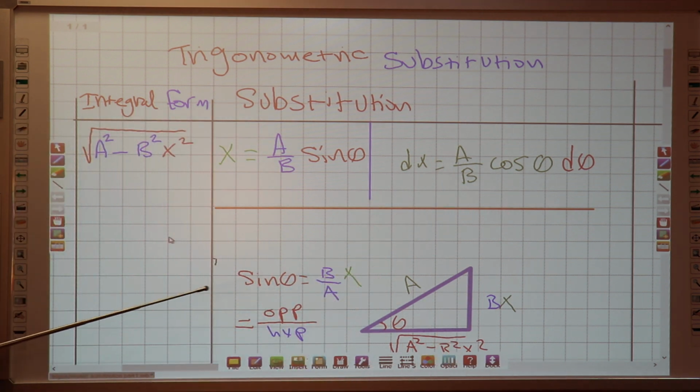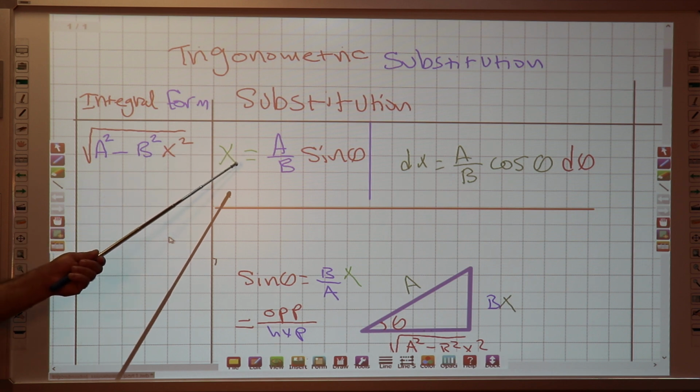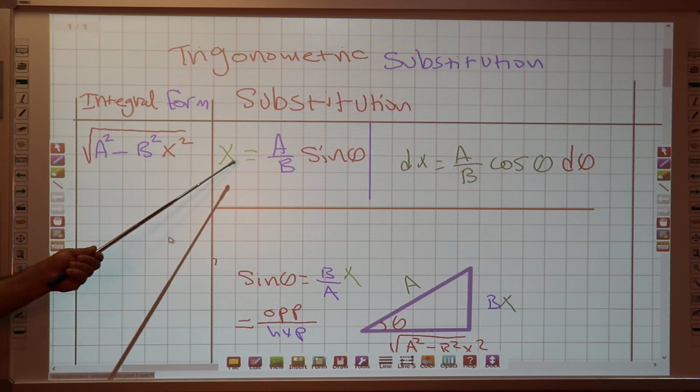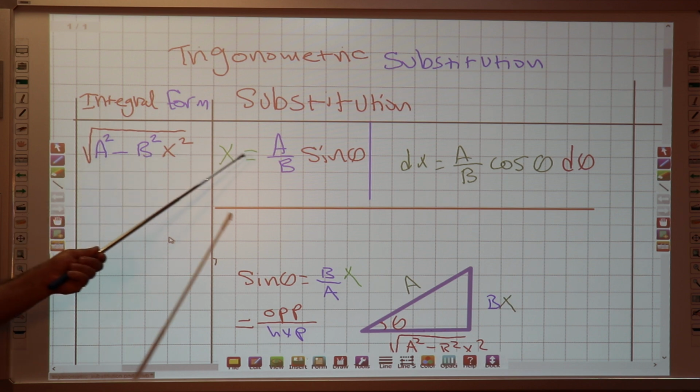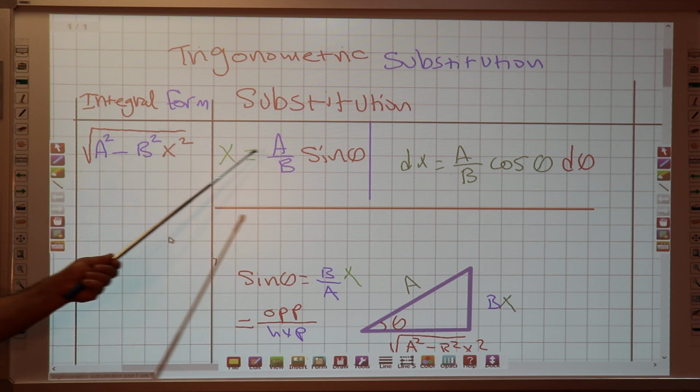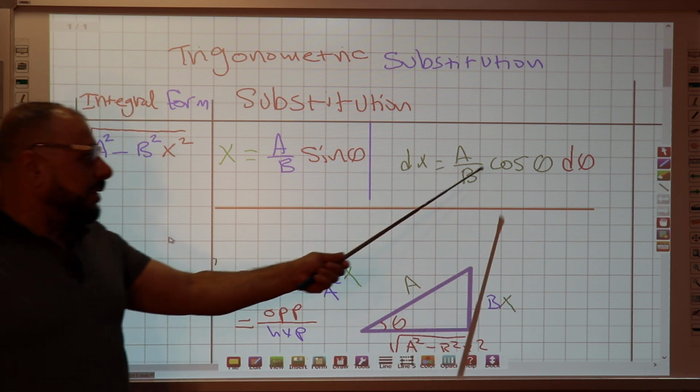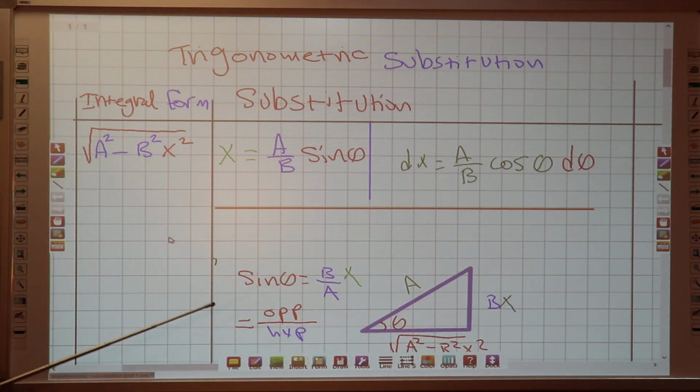Is this clear? Then if I have this form, quickly my substitution will be x equal a over b sine theta, dx a over b cosine theta. My associated triangle, that's the most important stuff.